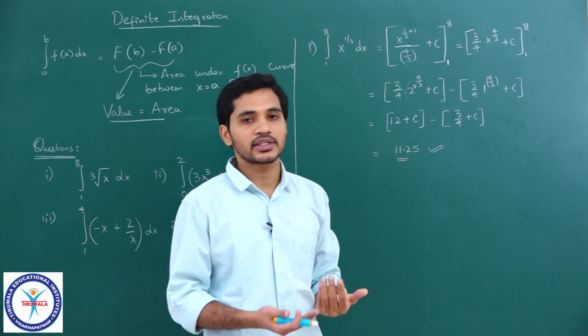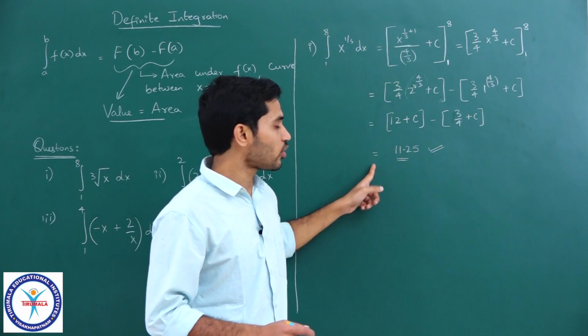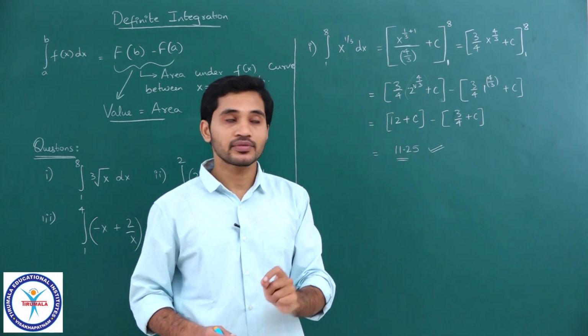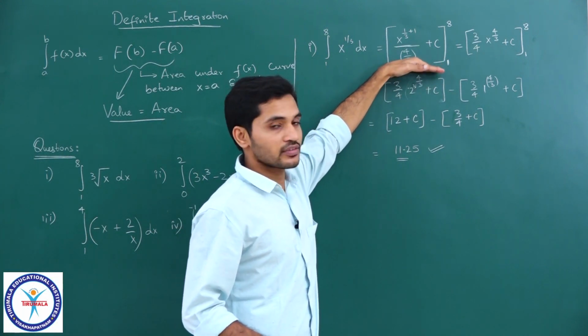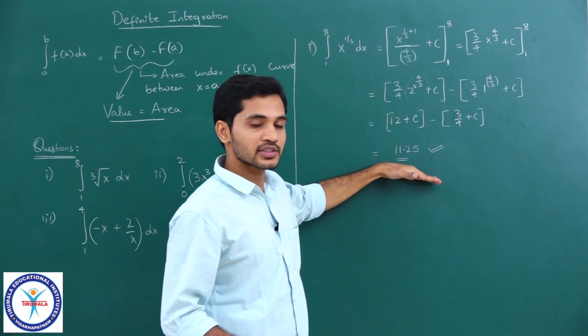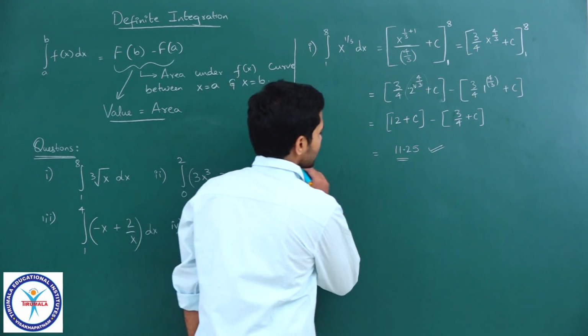So, I do not have to write it each and every time, only if you know that you are going to perform definite integration. But if you are only finding the antiderivative, then c should be there. If you are stopping here itself, then c should be there. But if you know that you are going to calculate all this, then you do not have to write c, right. Okay. Now, let us do the second one.